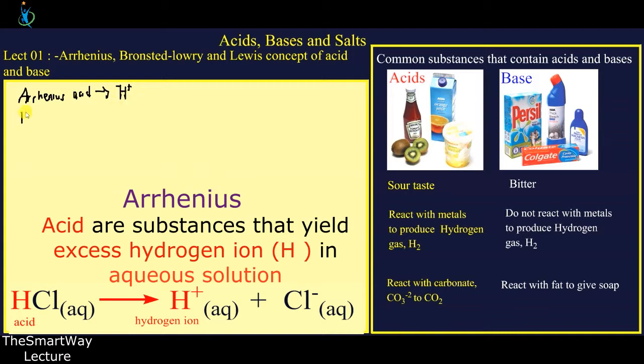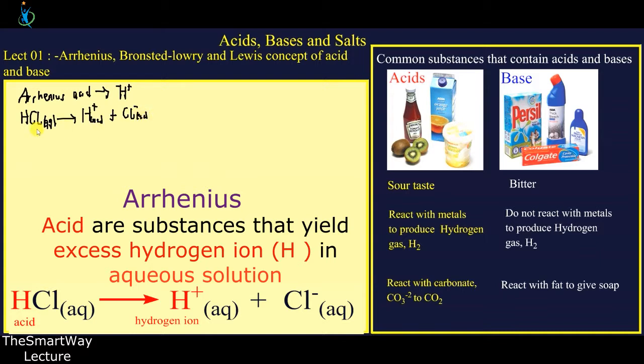One example of that is HCl, which contains H. When you pour hydrochloric acid in water, Arrhenius said that acids must give off excess H+ ions in the water. I have to indicate the water by writing aq over here, and then this comes out as Cl negative, that's the chloride ion there.